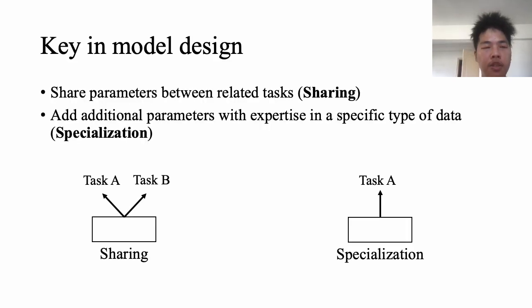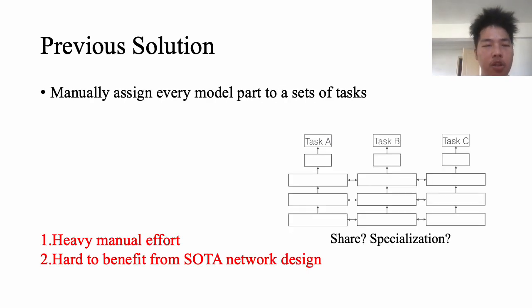The key in multitask learning is model design. We can either share parameters between related tasks, or we can specialize an expert for a specific type of data, which we call specialization. The previous solution is to manually assign every model part to a set of tasks. There are two drawbacks of this solution.